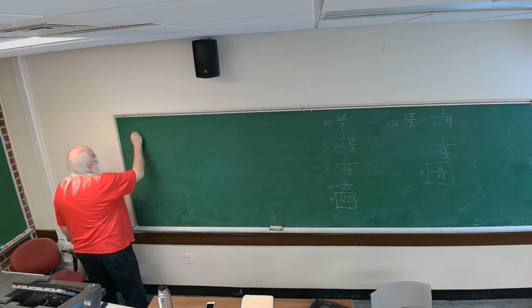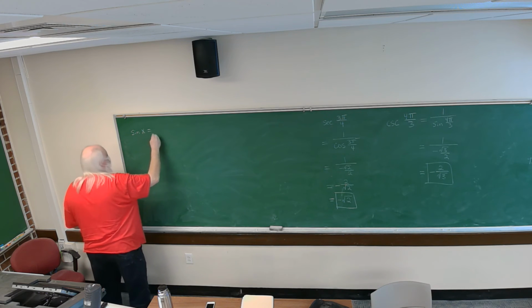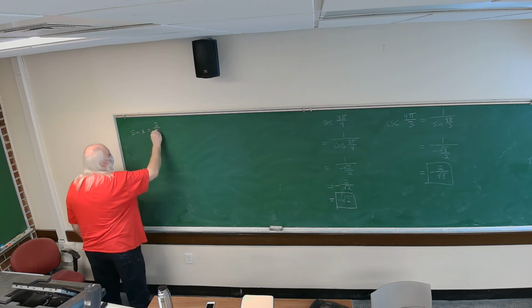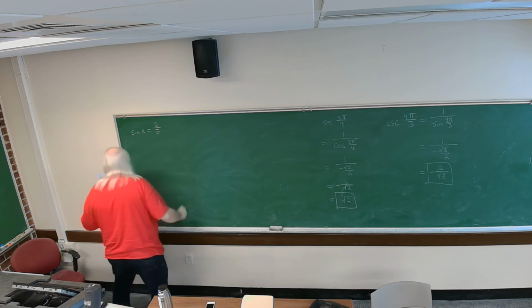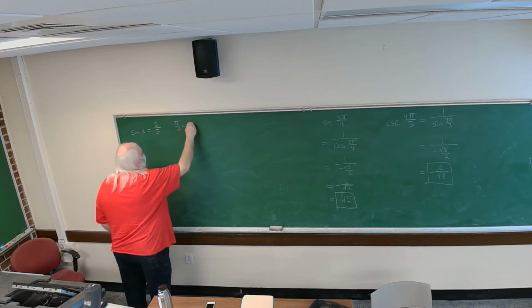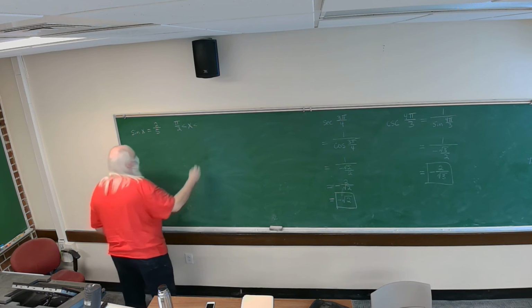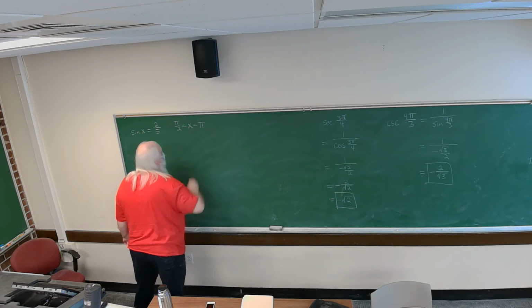So sine x, sine of the angle x is equal to 2/5, where the angle x is greater than pi over 2 radians, but less than pi radians, right?